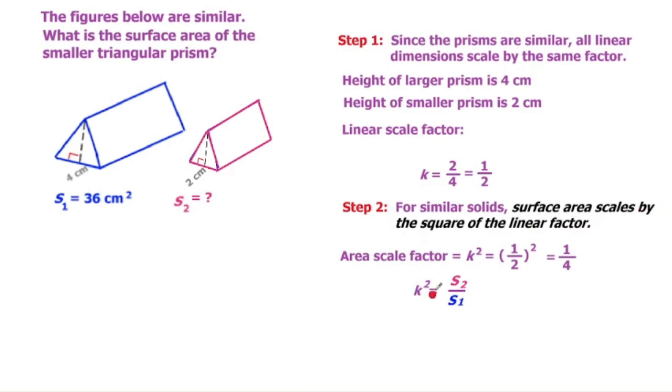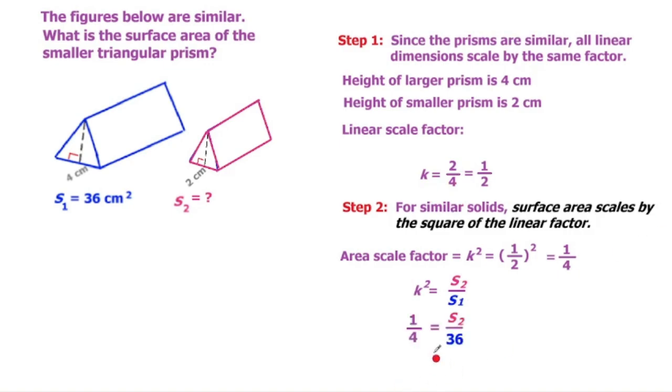So we have the square of the linear factor, and it is s2 over s1. We know we put s2 on top because we used the smaller measurement on top here and the height of the bigger prism down in the denominator. So you have to keep the ratios consistent, okay?